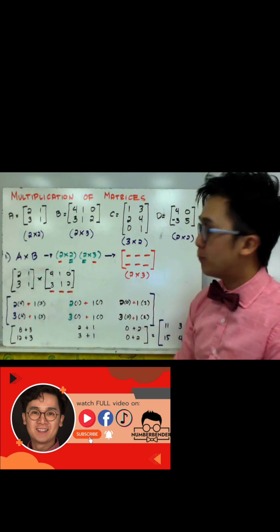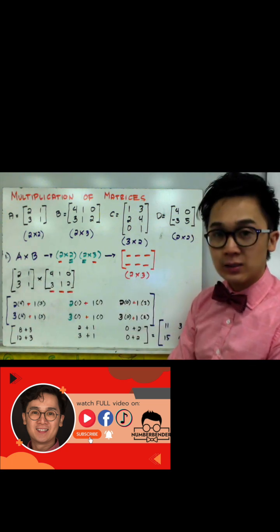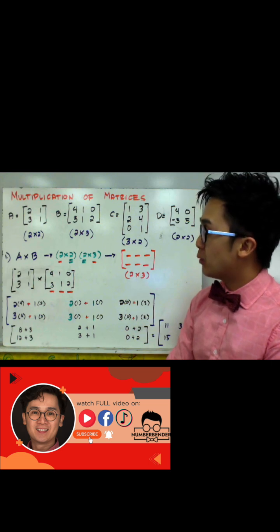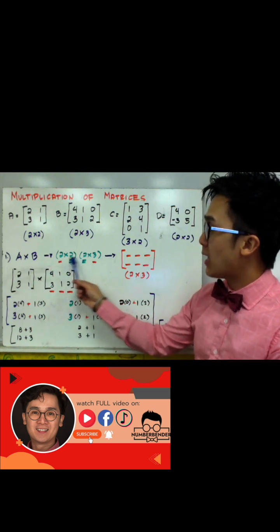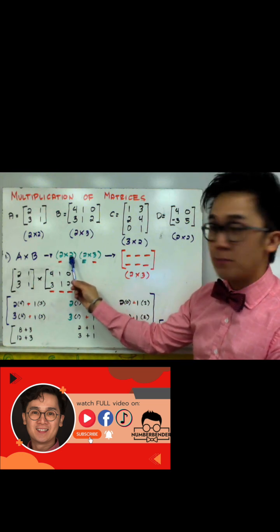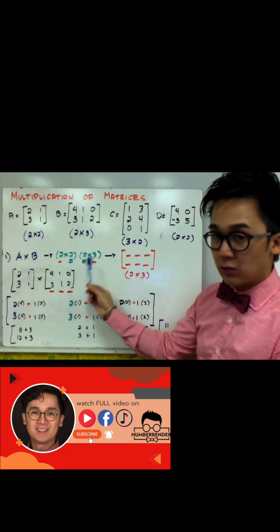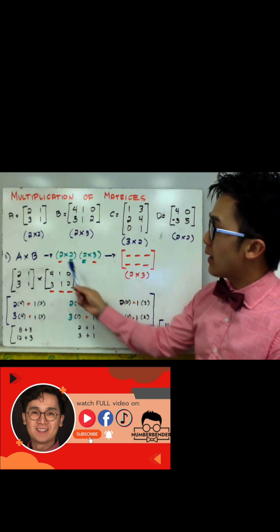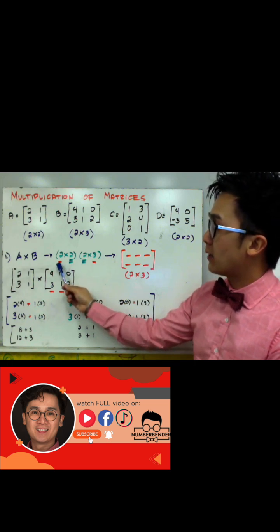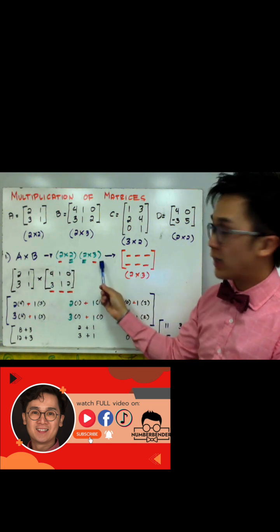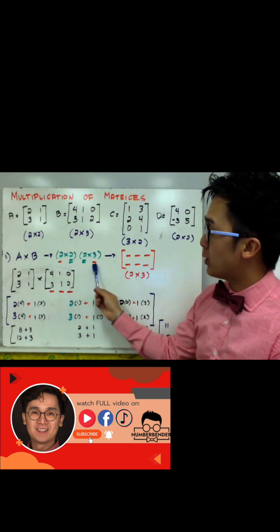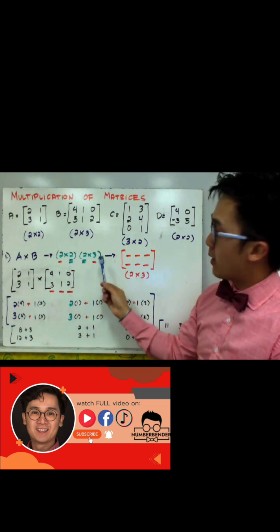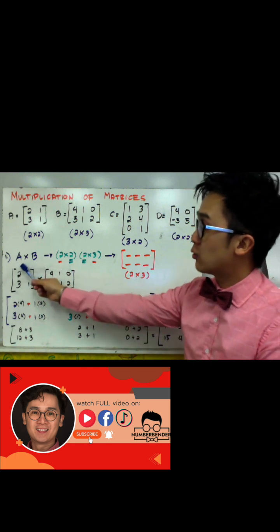That's pretty simple. To verify if matrix A and matrix B can be multiplied, just line up their orders, and if the middle values are the same, then it's verified that we can multiply the two matrices. Another important thing to understand about the order of a matrix is that the outer numbers dictate the order of the product of these two matrices.